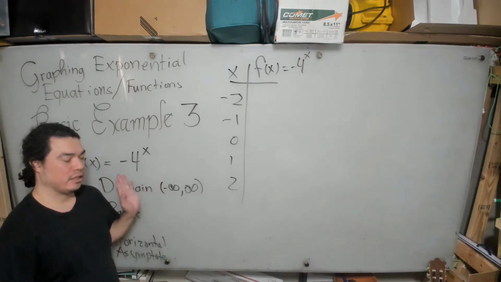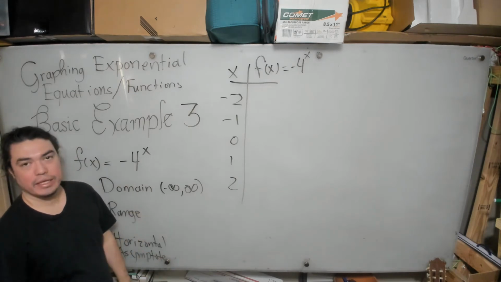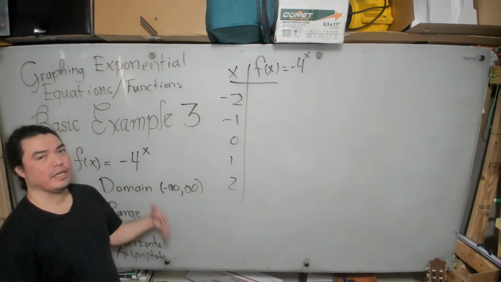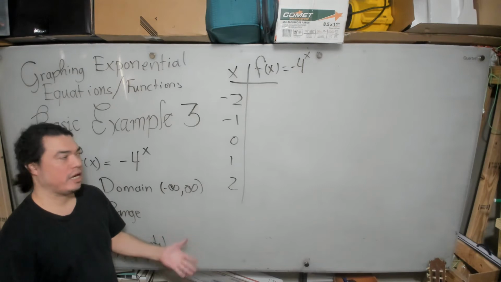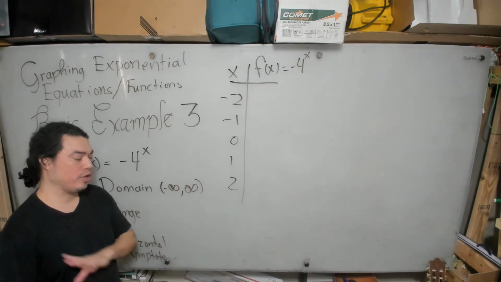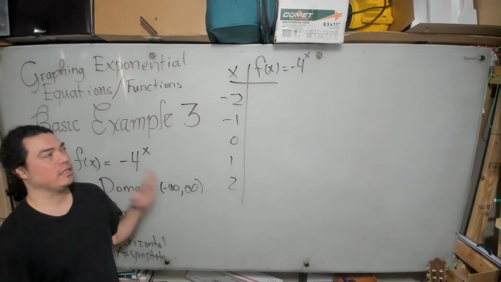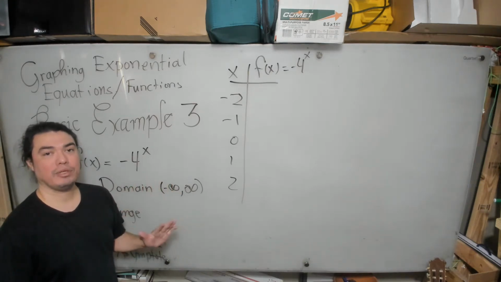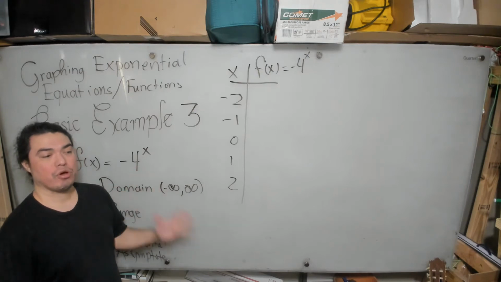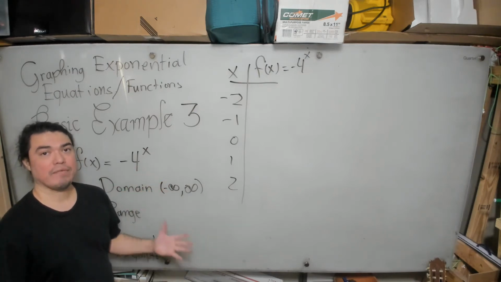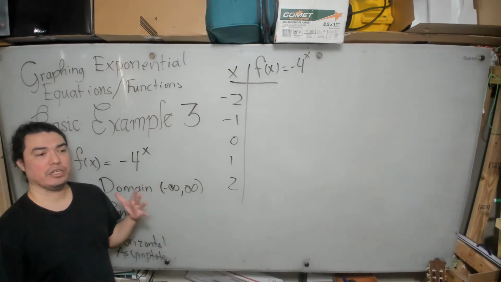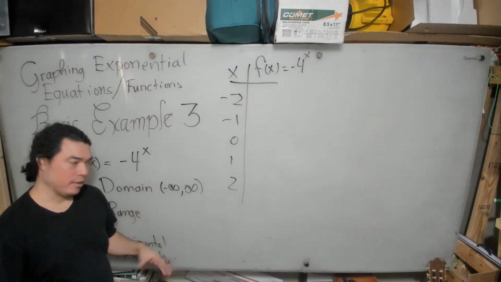Even though in the last couple of examples, in this example and in the example that follows, I'm using the x values negative 2, negative 1, 0, 1, and 2, I don't want you to think that you should use these all the time. These numbers have been chosen to make our calculations as simple as possible so that we can draw a nice portion of the graph with as little fuss, so that we can gain the most insight from it.